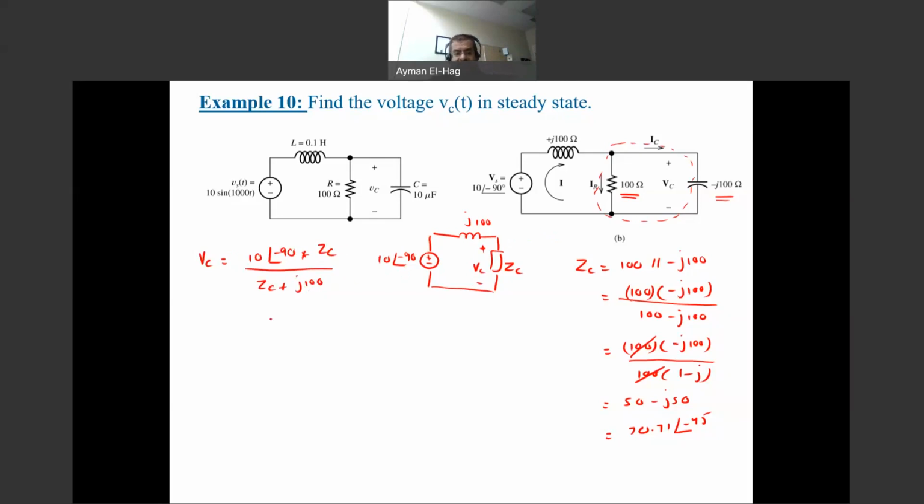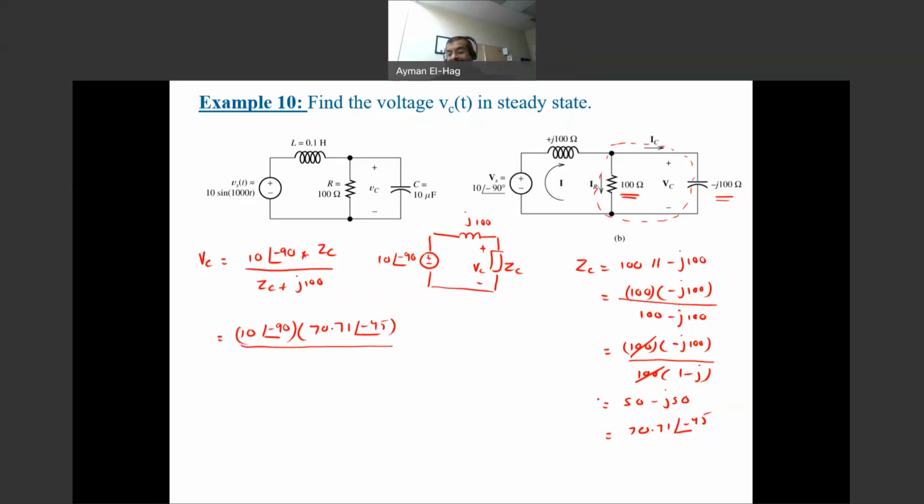Now we know what ZC is, so we multiply 10 angle of minus 90 times ZC, which is 70.71 angle of minus 45, divided by ZC.